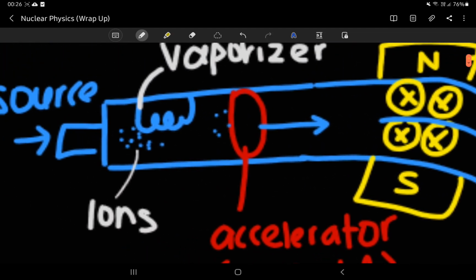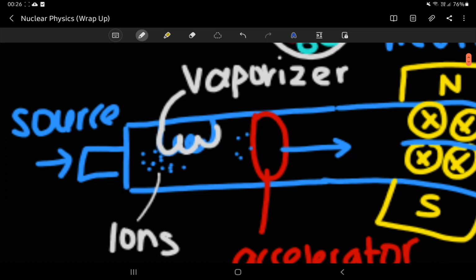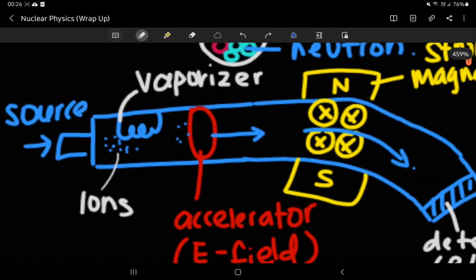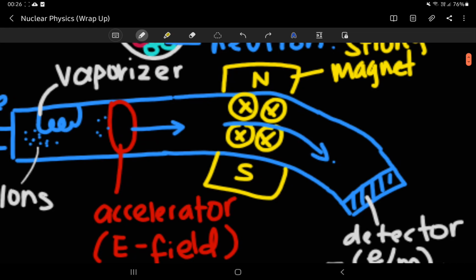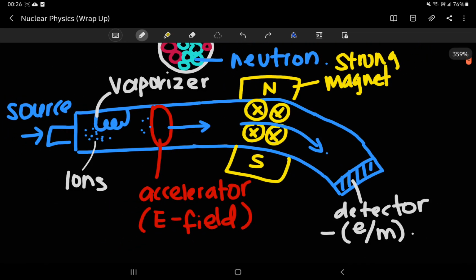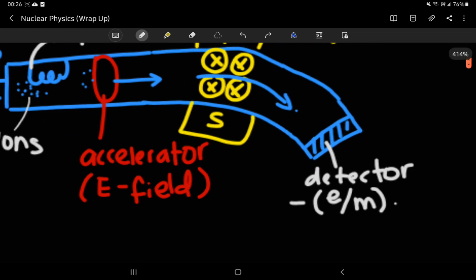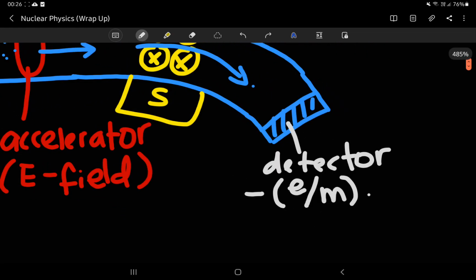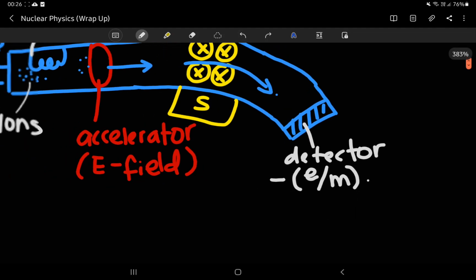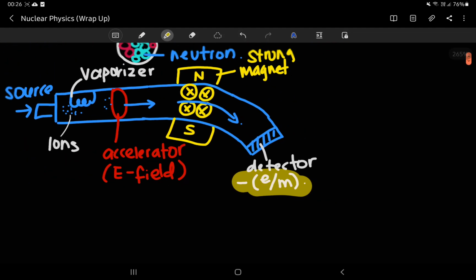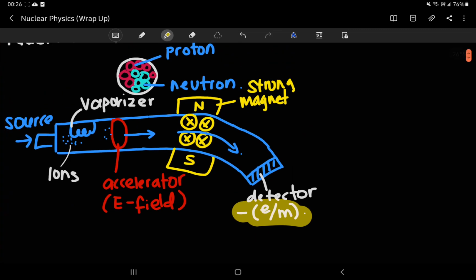The reason why you have to vaporize it here is because we need the atom to be charged. The atom is usually neutral, with no charge. But the mass spectrometer requires us to separate these isotopes of the atom by charge to mass ratio. Alright, so that's the mechanism.